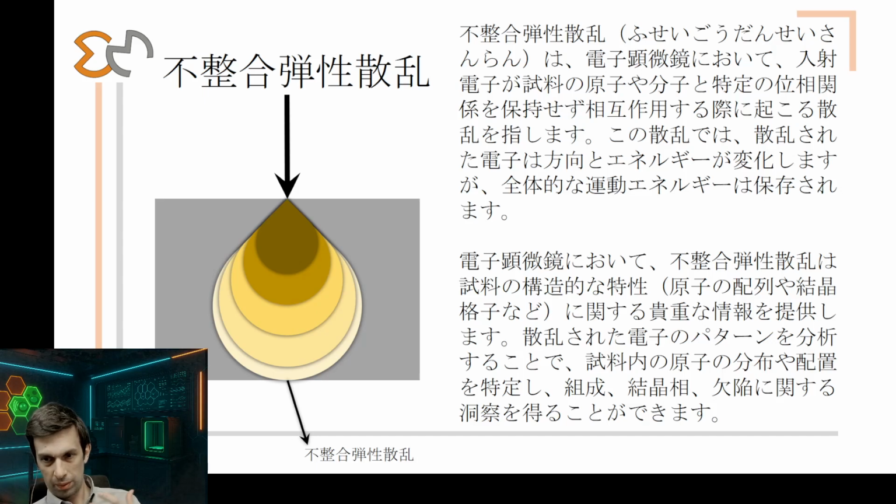Gives information about the atomic arrangement and the crystal lattice, etc. But it's quite a special technique. It's not so common to see incoherent elastic scattering detectors around. We can analyze the patterns, of course.